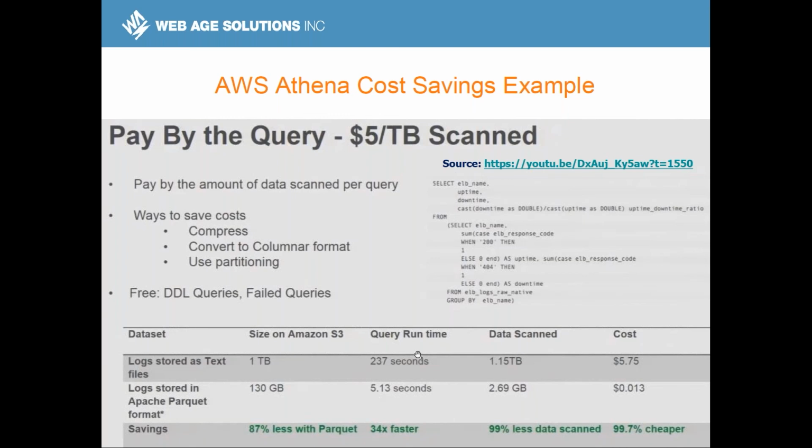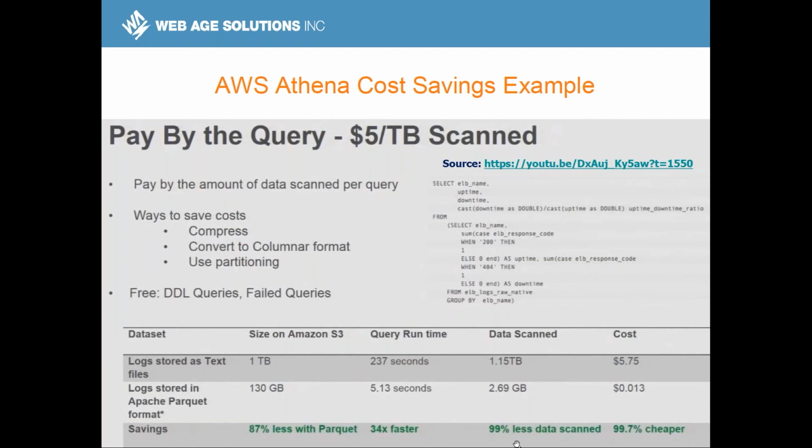And what's interesting is when you start going with columnar store, the data scanned in order to produce the result of that projection, a SQL projection, would be significantly less.